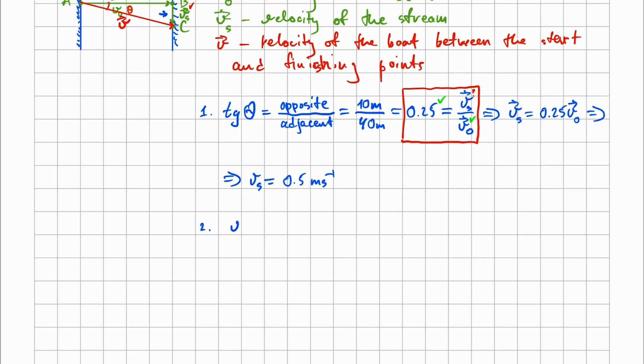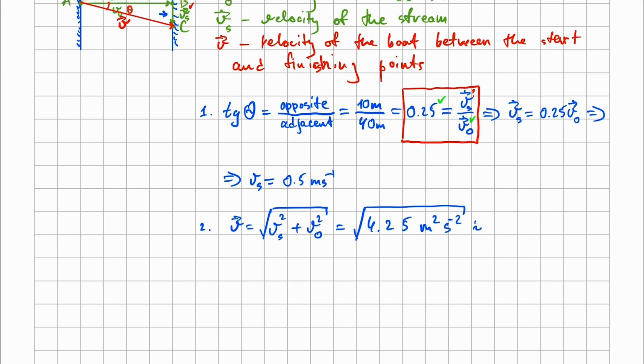So the final velocity is the square root of the sum of the square of the stream's velocity and the velocity of the oarsman. Okay, now let's put in the numbers, and you can just simplify that to the square root of 4.25 meters squared per second squared.